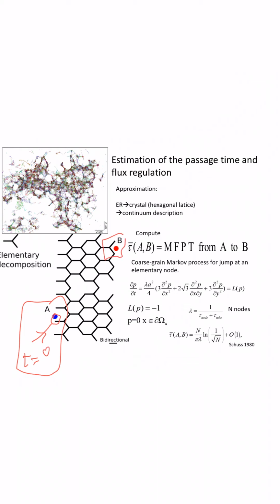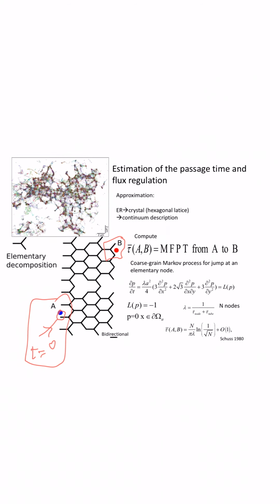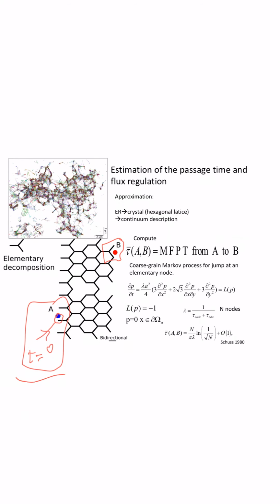One possibility could be to directly make a simulation inside the ER network. We have currently developed this possibility, but I would like now to go specifically to the case where we approximated this ER network by this honeybee.